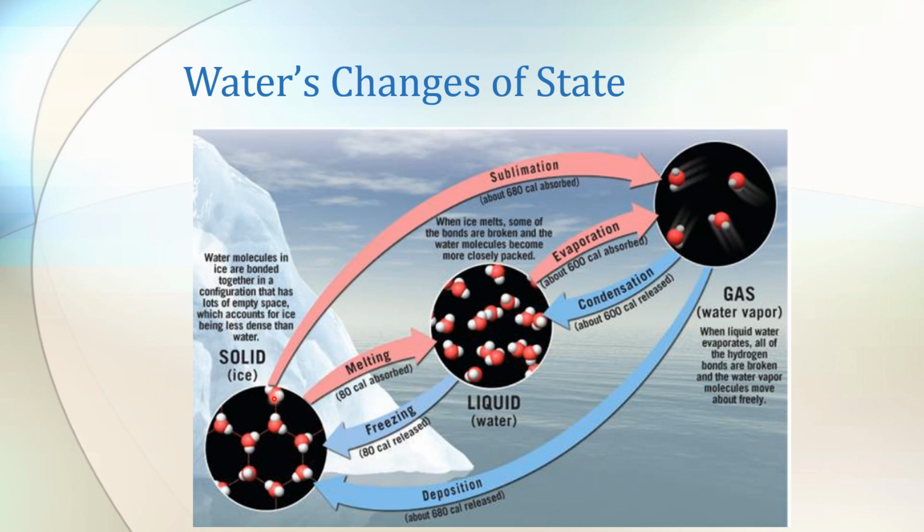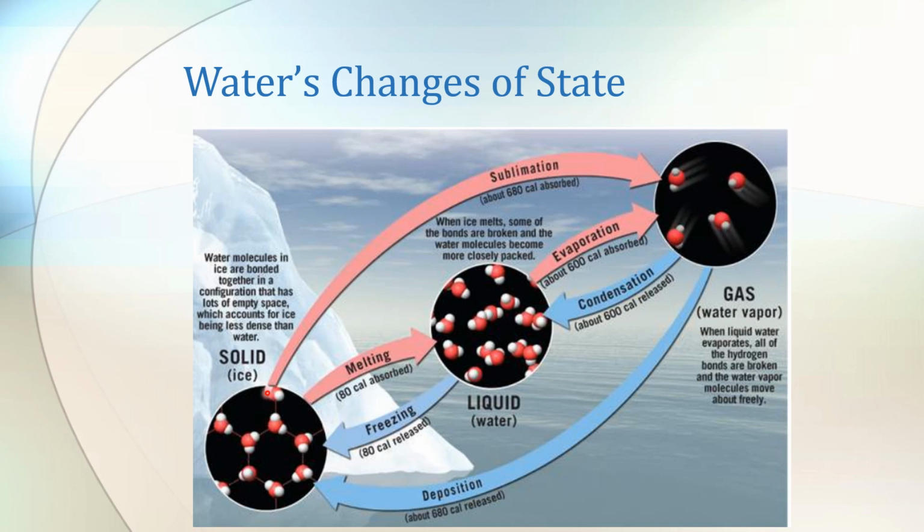Because of this hydrogen bond, the structure is more rigid and has more empty space. That's why it is less dense compared to the liquid structure of the water.